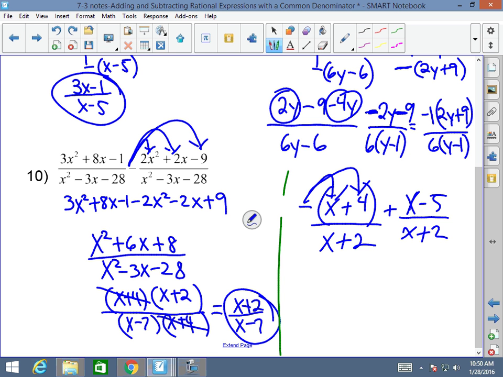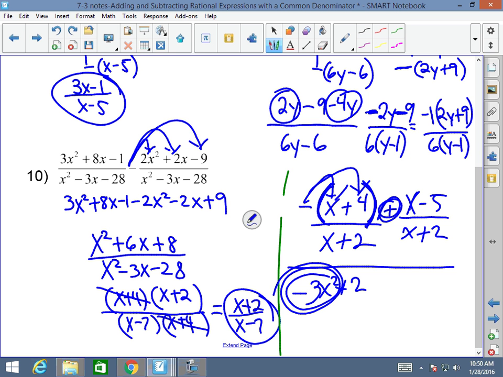But in the middle, I have to distribute it. If it's in the beginning and there's parentheses, I distribute it to the first one. But if I just start out with negative, for example, 3x squared plus 2, that negative belongs to this first term and this first term alone. Does that answer your question? You sure? Does that make sense to all of y'all?